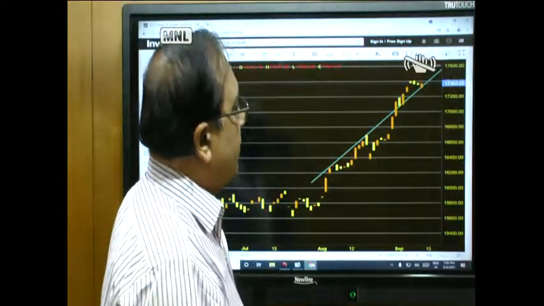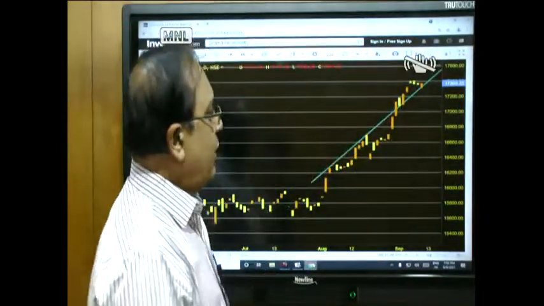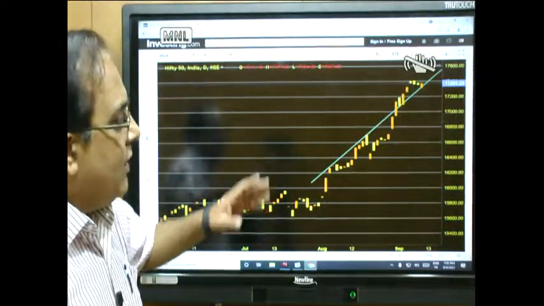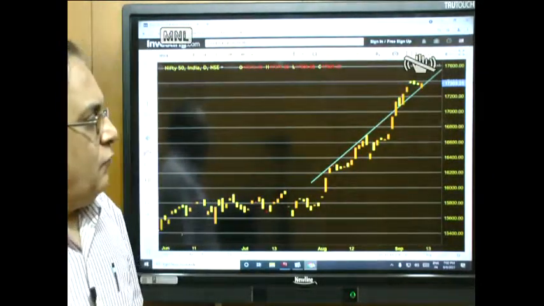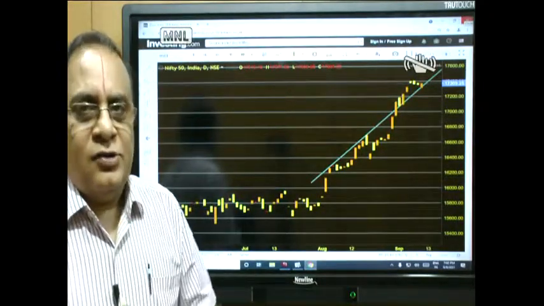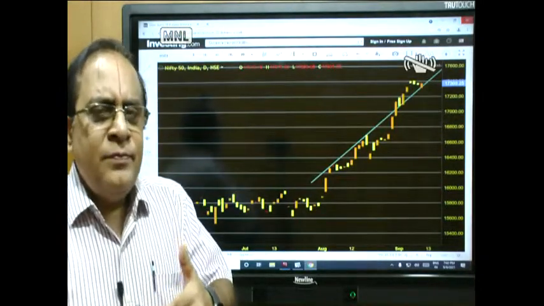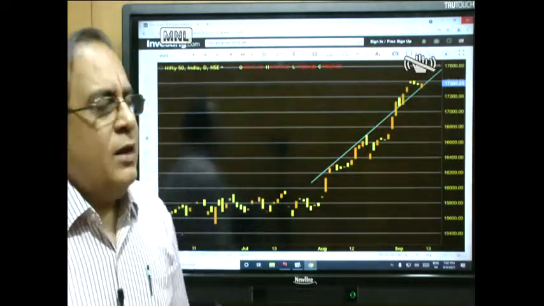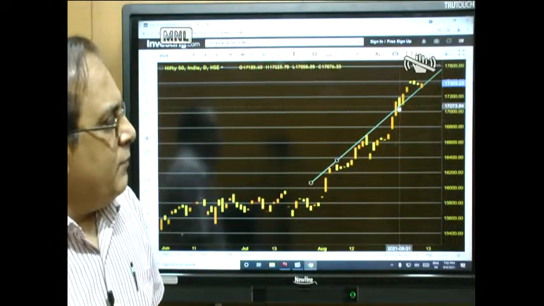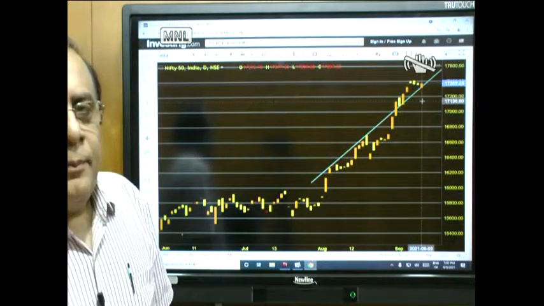Now if you see the last 2 days, there has been some minor correction, so let us use these particular levels. For closer levels, in order to trade intraday or even position levels with small gaps in between, we need to use the pivot bars, one pivot before the present day.